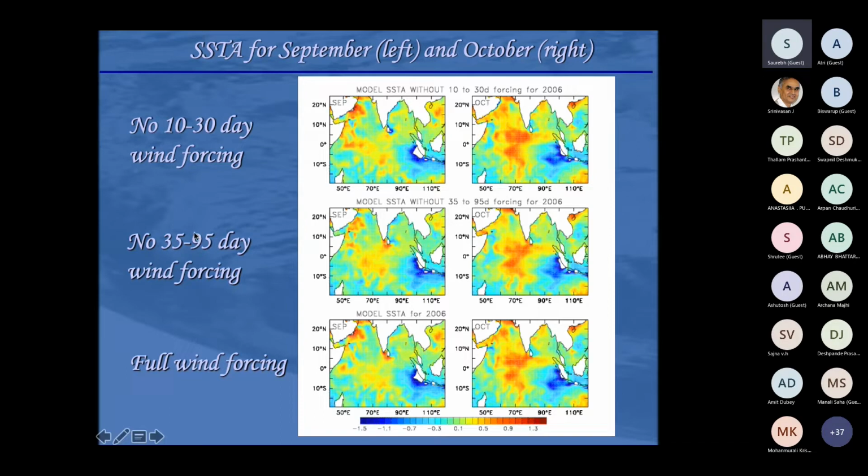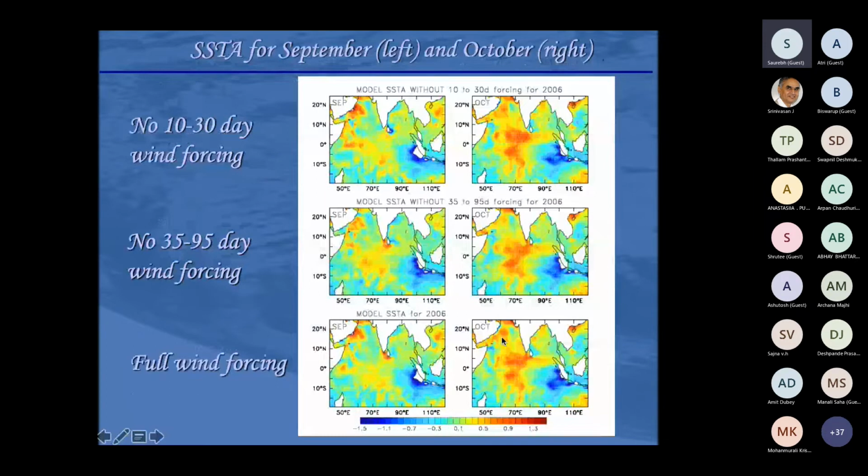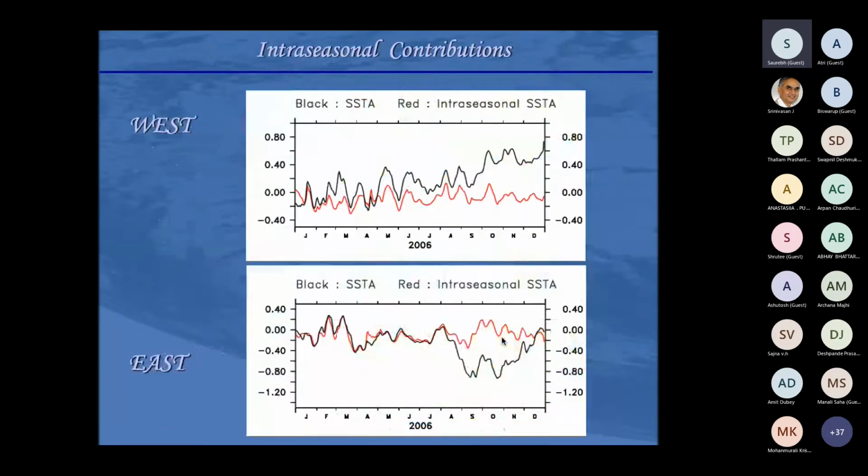So in this event, irrespective of whether the MJO event is present or the sub-monthly forcing is present, it reproduces. All that is required is the slowly varying component of the wind stress. So intra-seasonal forcing is not very important, but it adds to the amplitude of it.